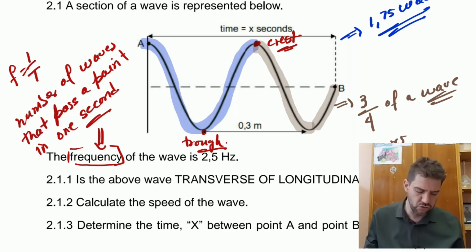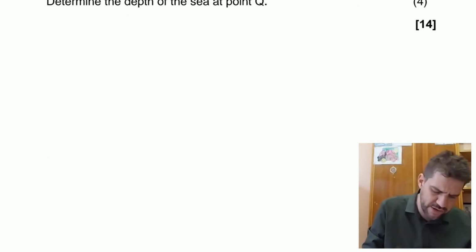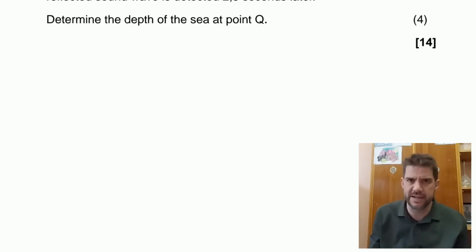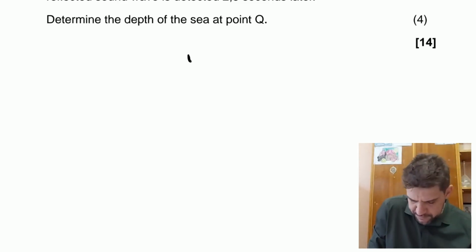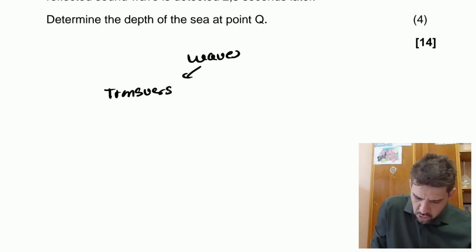Question 2.1.1: is the above a transverse or a longitudinal wave? Well, guys, we have to just recall real fast. Remember, this is not a lesson, it's a solution of a question, but we're explaining some concepts. Waves can be transverse or longitudinal.